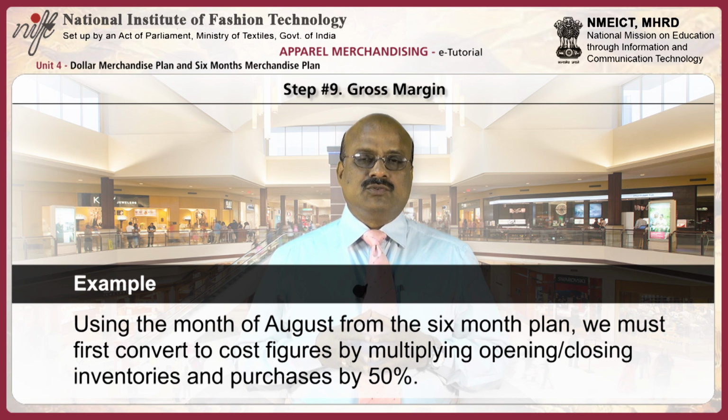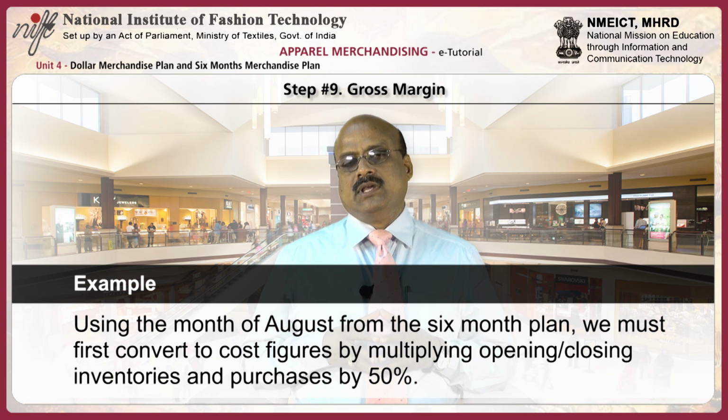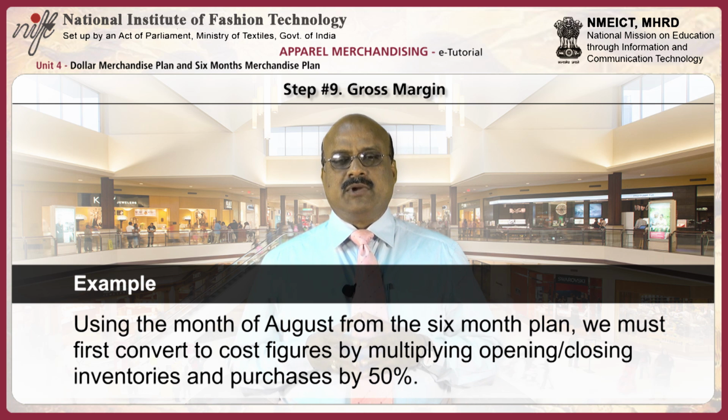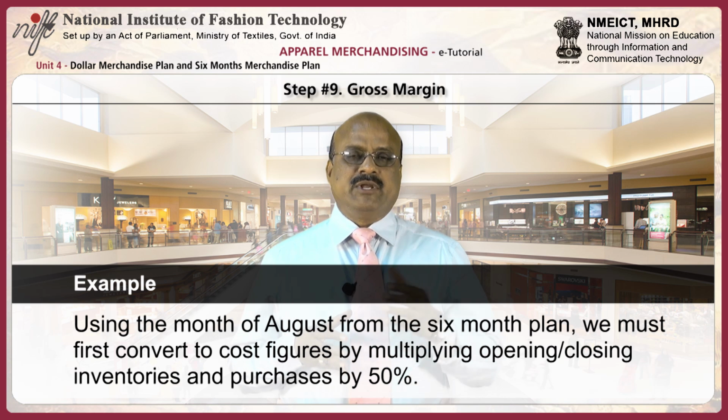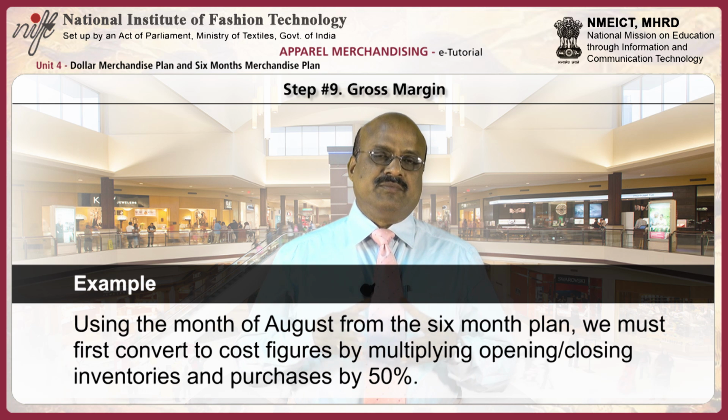Using our family shoe store illustration, note that we have a 50% markup on all our goods. To calculate the cost price, multiply the inventories and purchases by the original markup percentage, in this case 50%.